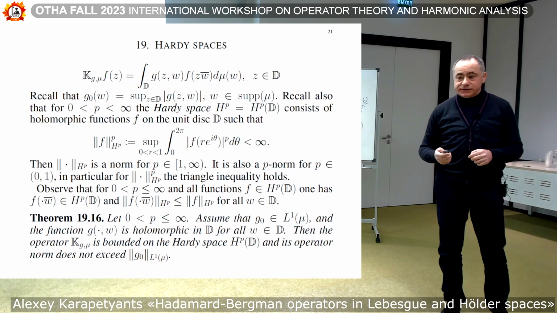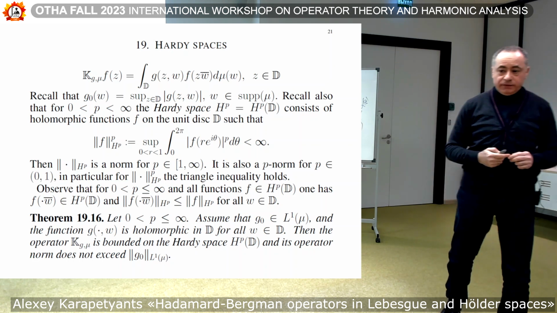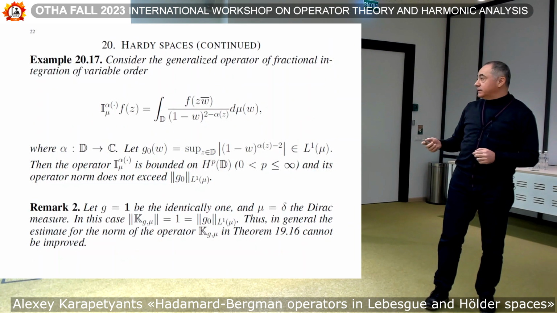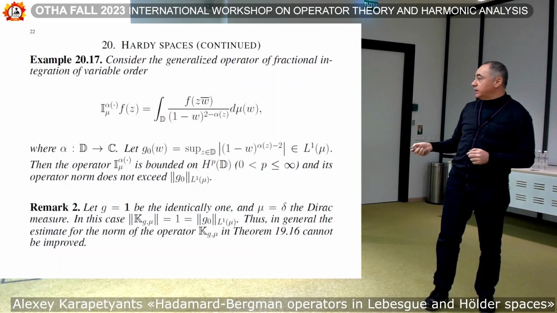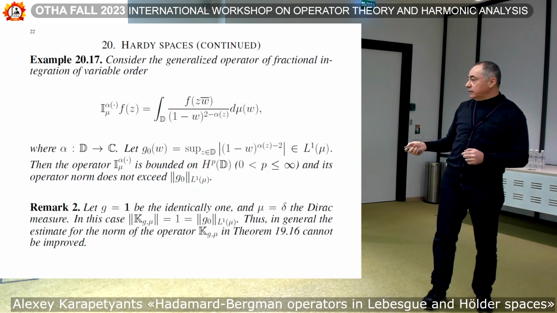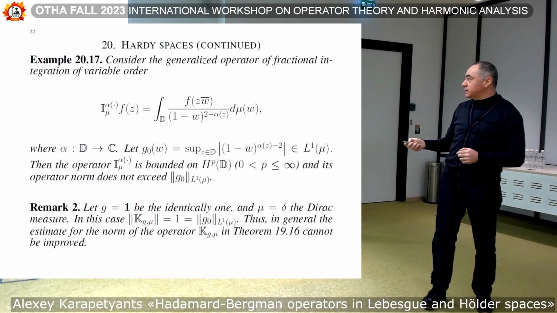And measure μ, I didn't say it, is an arbitrary Radon measure. Once we have this condition, then for instance, for this variable potential, the condition of boundedness is quite simple. This is another example.